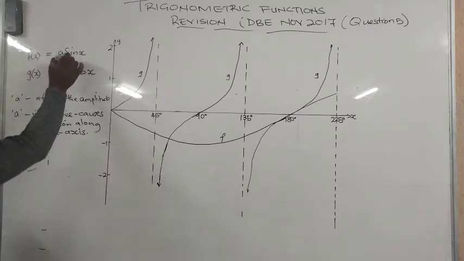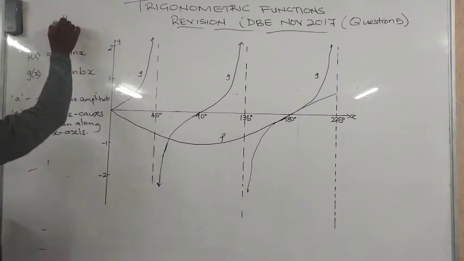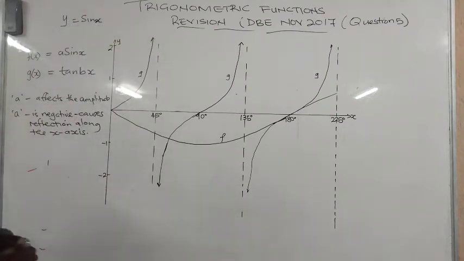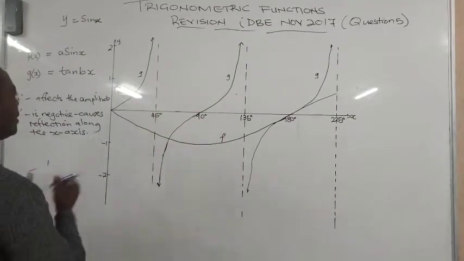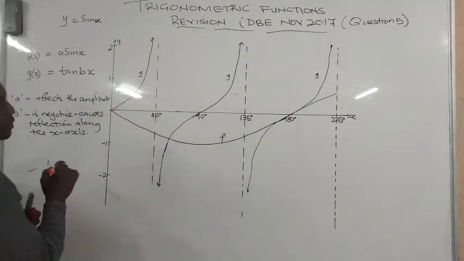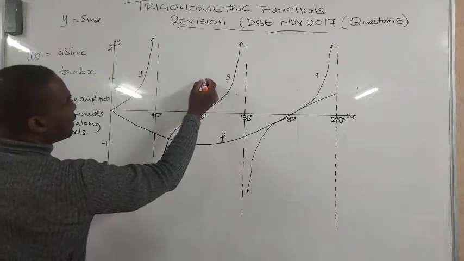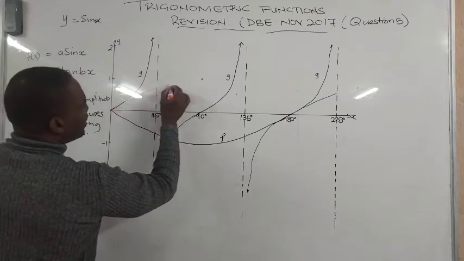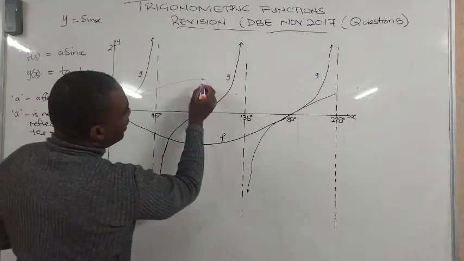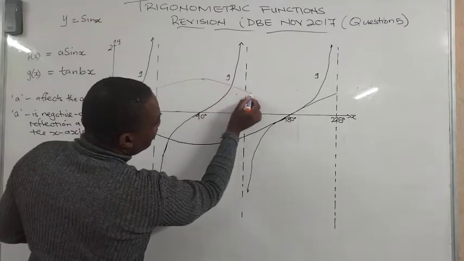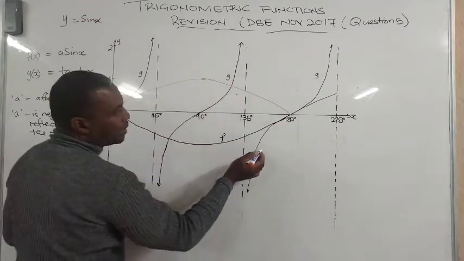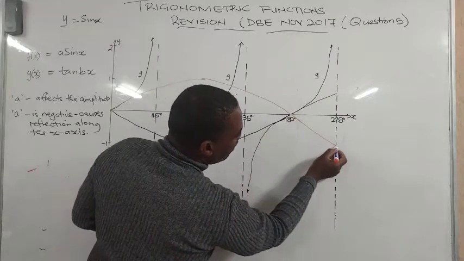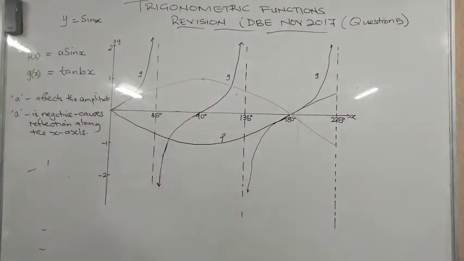But now, checking on the graph, the way we know the graph of y is equal to sin x, we know the graph is passing through 0, and then it attains its maximum. So the graph is like this, and then it comes down, at 180 it's 0, and then at 225 it will be -1/√2.